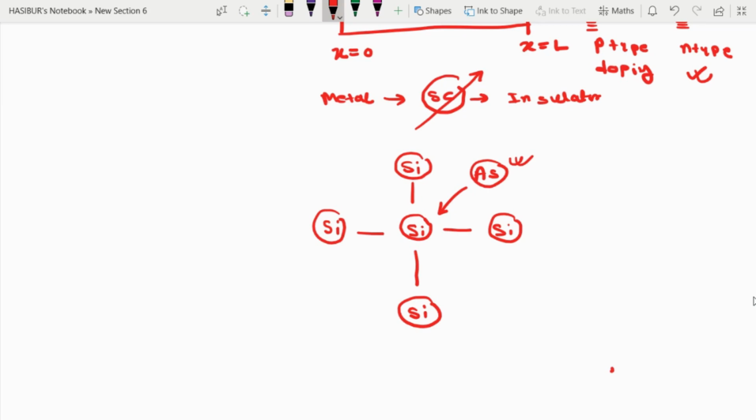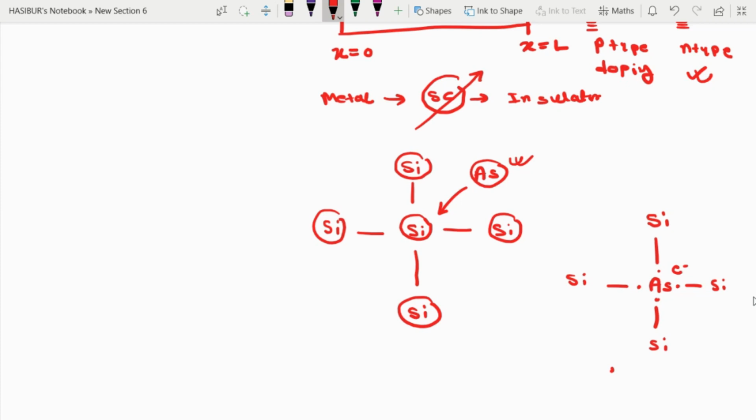So silicon is replaced with arsenic, and it has 4 bonds with the neighboring silicon atoms. Now 4 valence electrons are used in covalent bonding, and there is an extra electron that is attached to the nucleus.